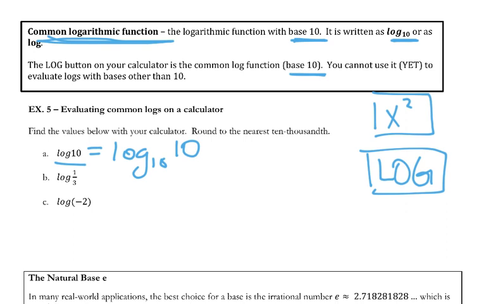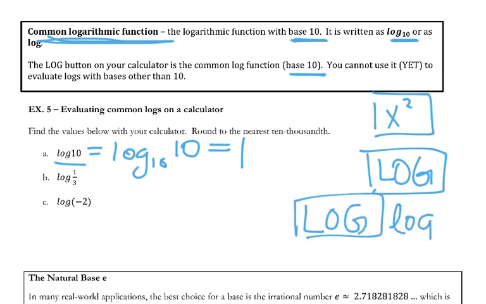So if we have log base 10 of 10, we know the answer should be 1 because 10 to the first is 10. We can check this on our calculator by hitting the log button. So if you type log of 10, using that log button, on your calculator it'll look like log parentheses and you type in 10 and hit enter, you're going to get 1.